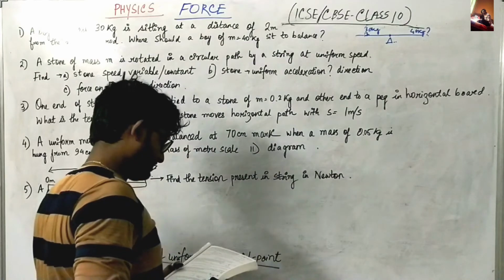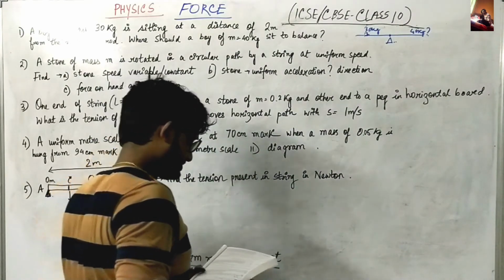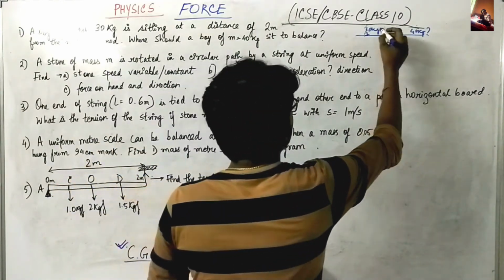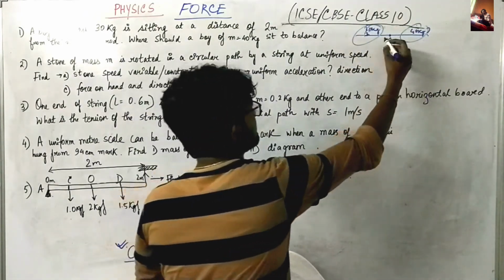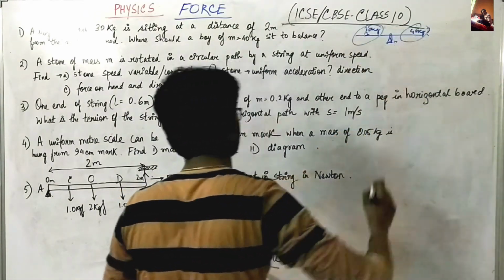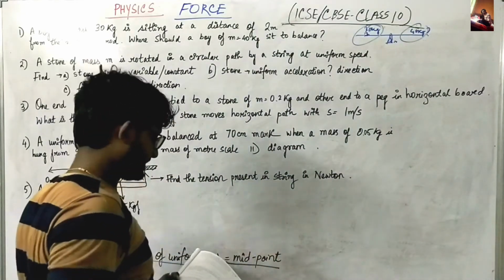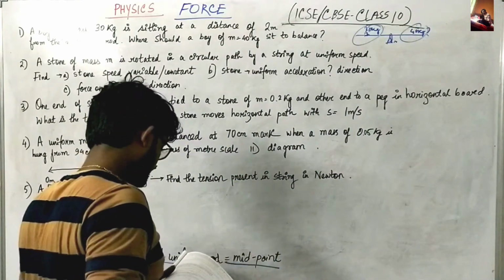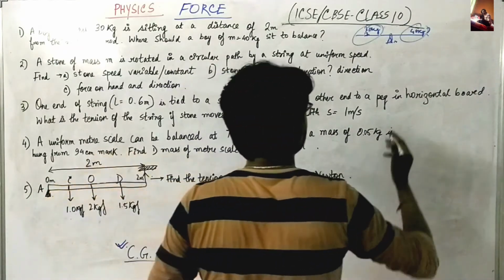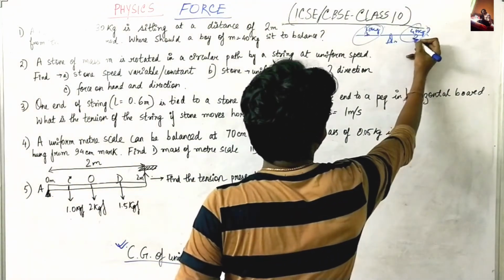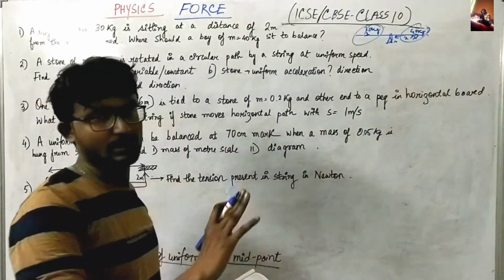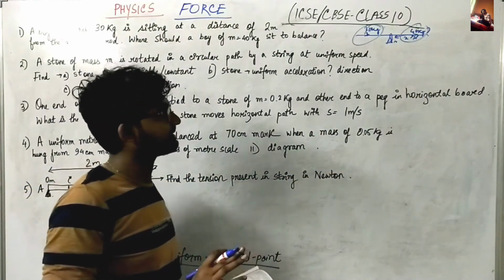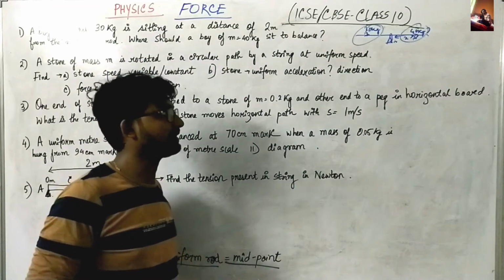Obviously, the two forces are acting over here, and this is the midpoint, the fixed point on which the balance is being done. If we take it as x, this point x from the midpoint, let the 40 kg boy sit at a distance of x meters from the midpoint.